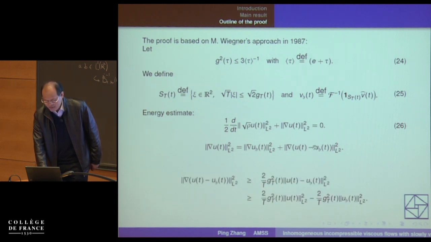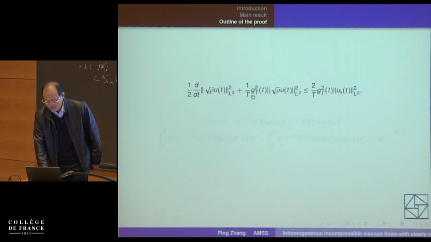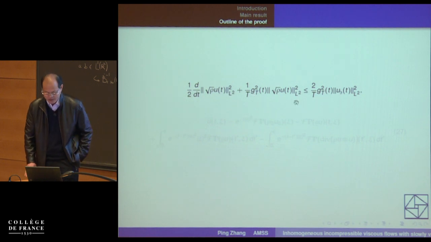For this part, because of the definition, we have it bounded by 2 over t times g squared of t times the L2 norm squared of u minus u flat. Then using, once again, the orthogonality of u(t) minus u flat and u flat, we find this term equals this term. Now if we substitute these two estimates, we arrive at this differential inequality.